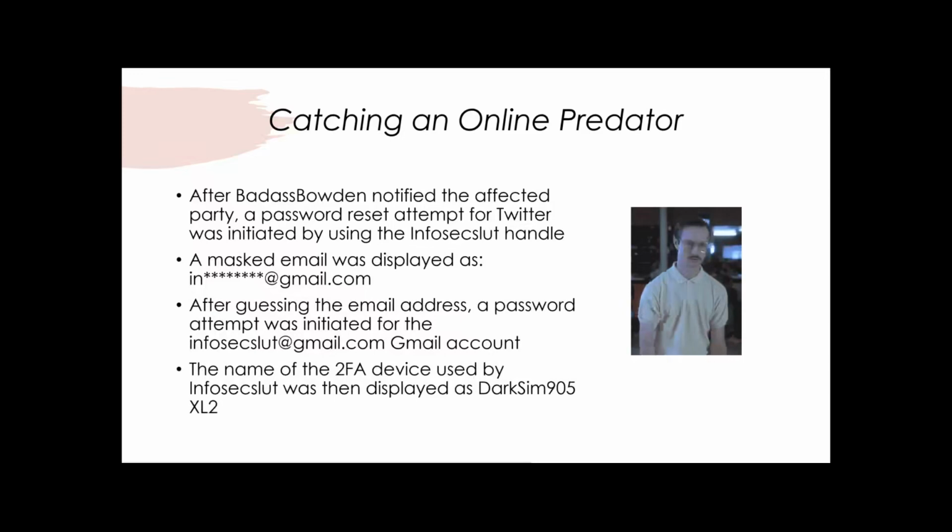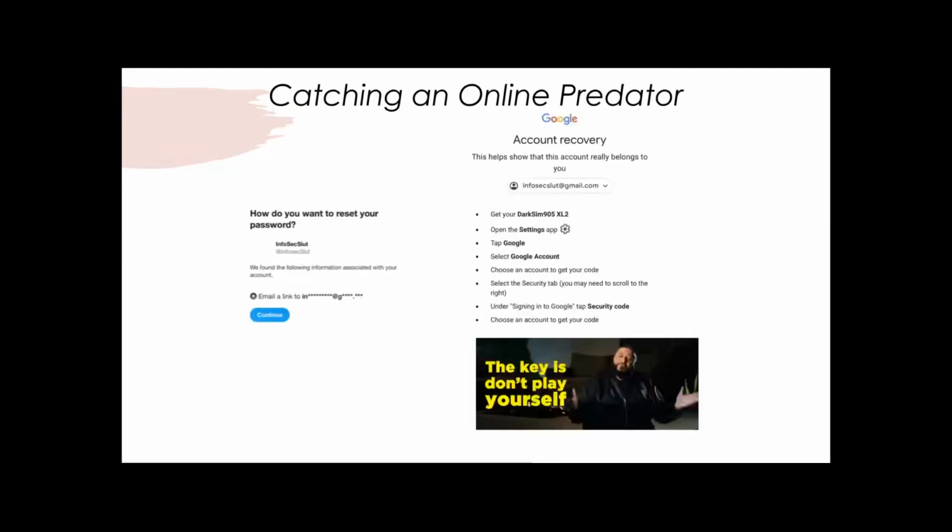Then a password reset was initiated to the Gmail account infosexslut@gmail.com. After this password reset was initiated, the name of the device used by InfoSec slut was displayed, DarkSim905 XL2. This ultimately led to the identification of DarkSim905 as being the account holder for InfoSec slut.